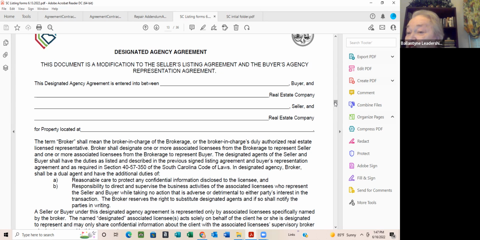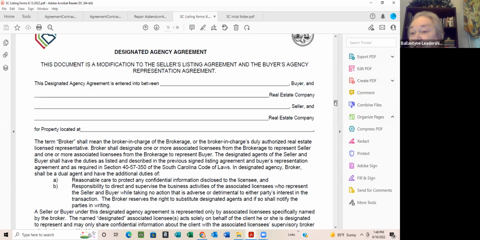The only way that the two of you can process this paperwork is to get the designated agency agreement, whereby we are designating Wendy to be acting as the listing agent, and Whitley is going to be designated as the buyer's agent because you all have agency agreements already placed to that effect, right? But this is the form that ties it together and allows you to function in those independent roles.